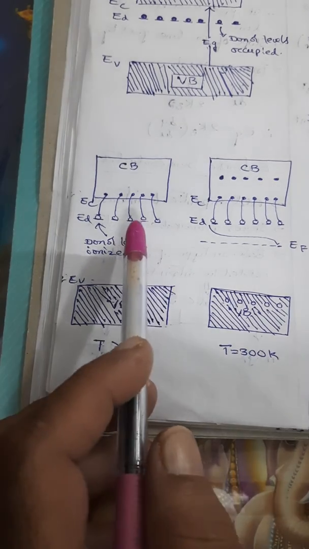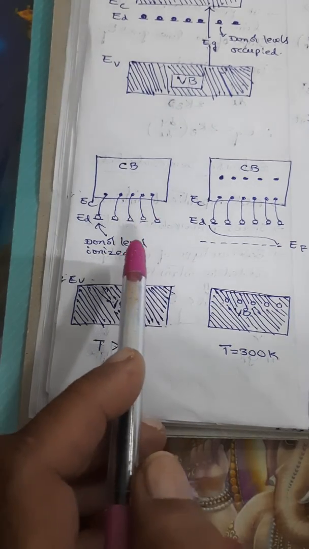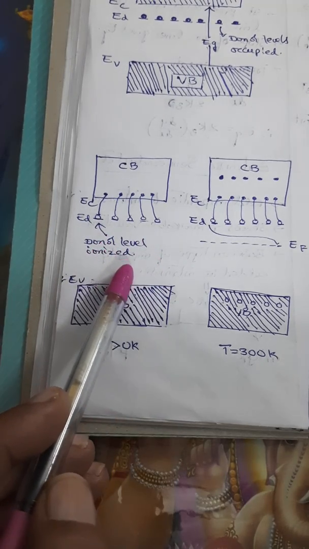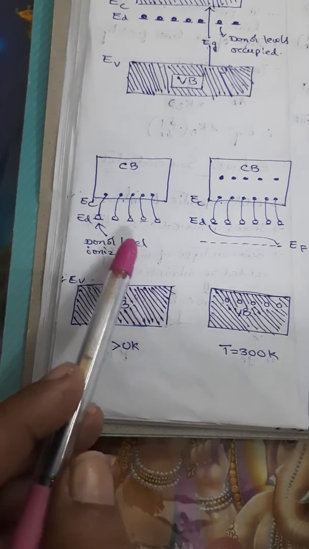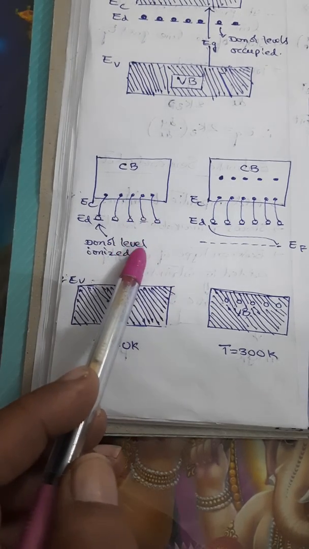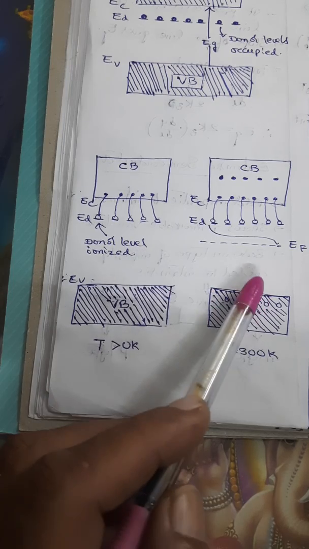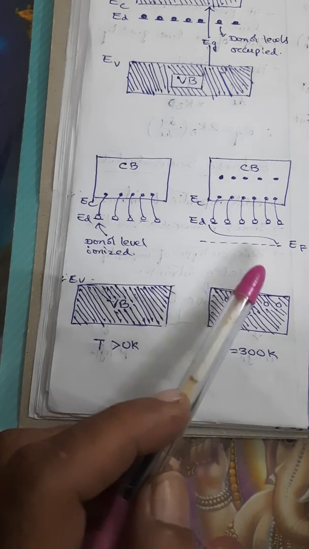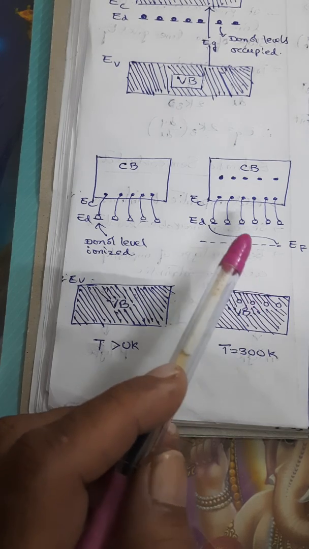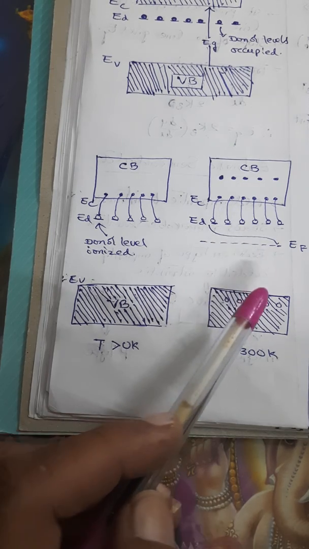I am just recapping. When the temperature is increased to more than 0 K, the bound electron becomes a free electron and enters into the conduction band. As a result, the donor level gets ionized. At a still higher temperature, breakage of covalent bonds releases an electron-hole pair, that is, electrons move from the valence band to the conduction band, leaving holes in the valence band.